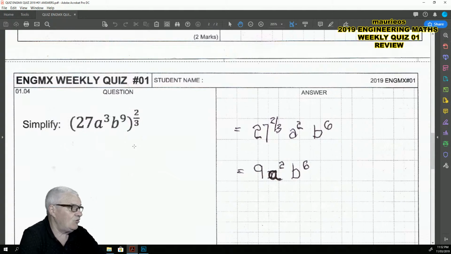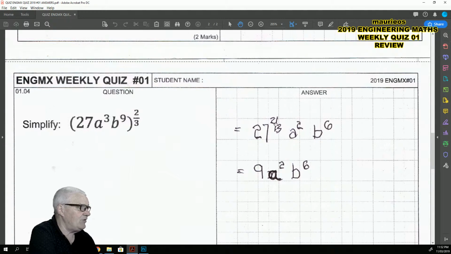So you can see over here in the first line, I've gone 27 times 2/3, because that's what we do with indices, and it's every one in the brackets.